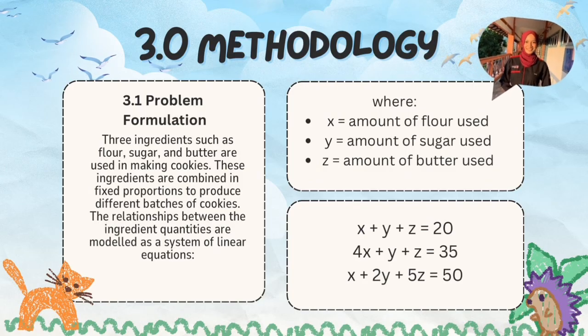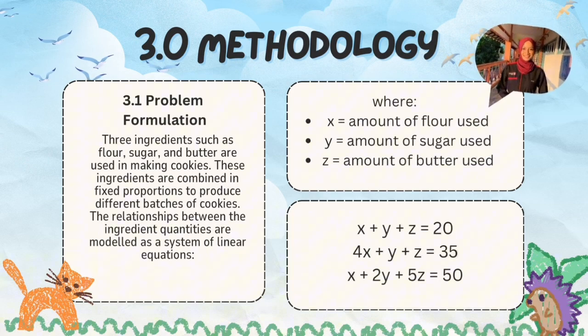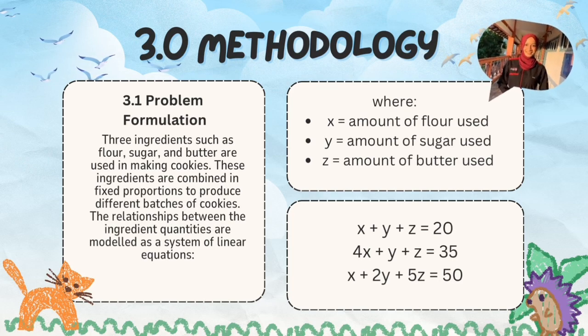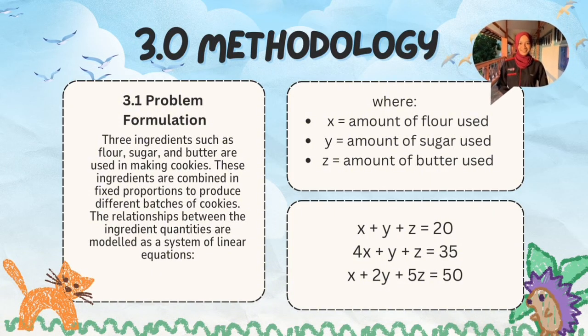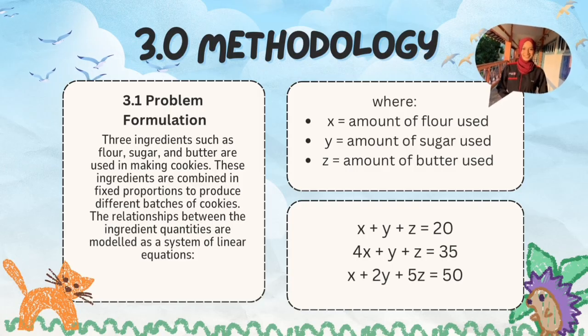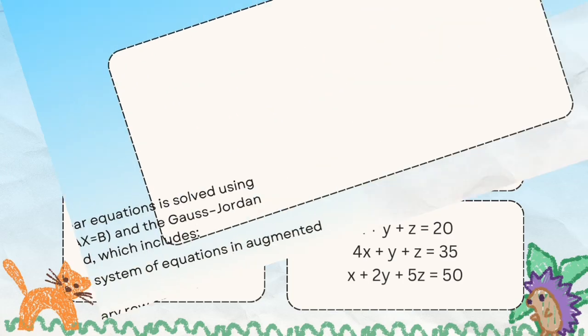Then we state the amount of flour used is X, the amount of sugar used is Y, and the amount of butter used is Z. And the equations are X plus Y plus Z equals 20, 4X plus Y plus Z equals 35, and X plus 2Y plus 5Z equals 50.